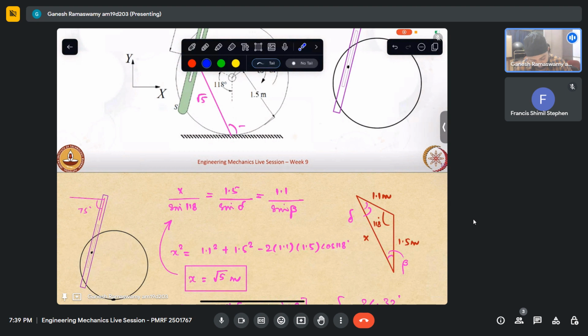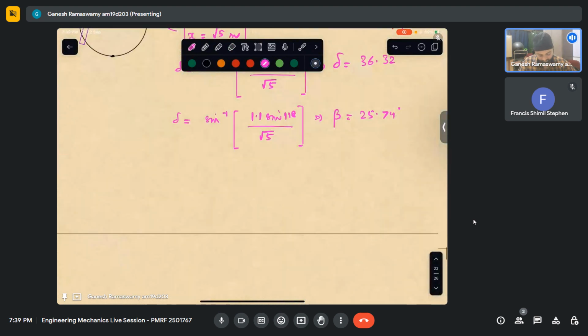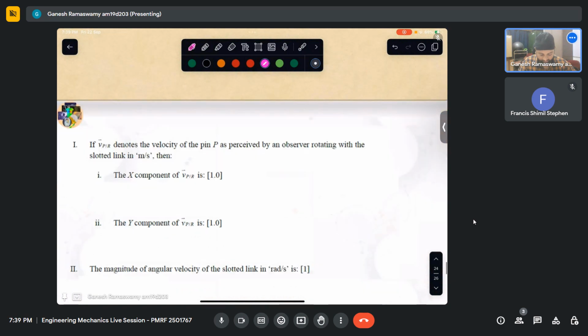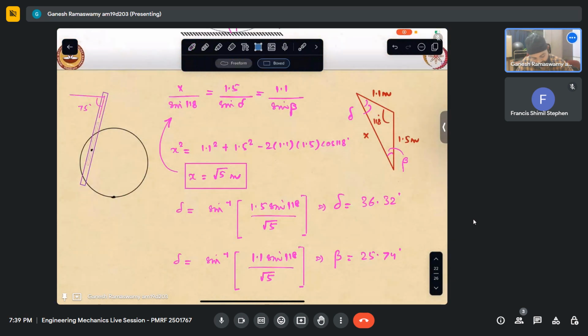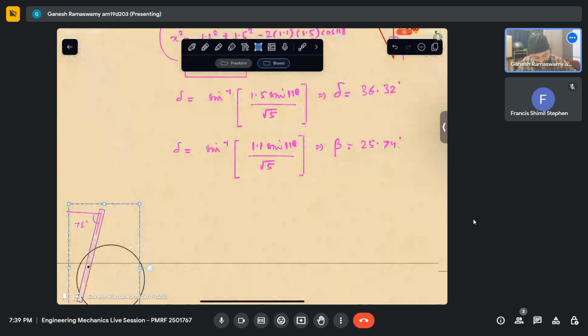So this is 115.74 degrees. Very well. Okay, so what does the question ask? If velocity, anyway, we have to get to that. So first let us try to look at this.